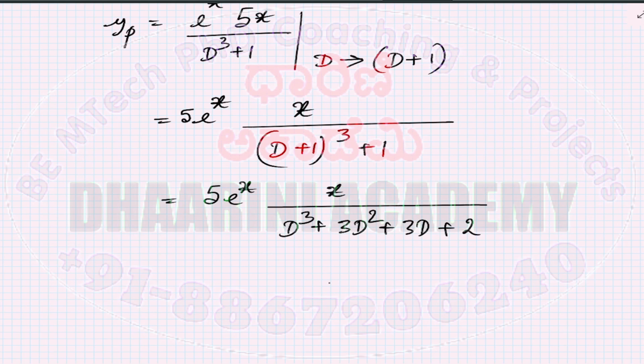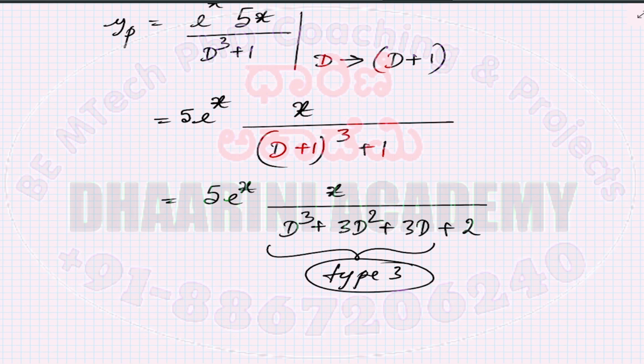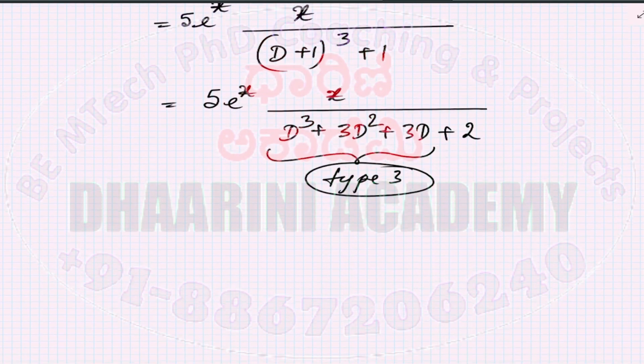All right, now this term becomes type 3. So in a type 3, we know that we have to do the synthetic division. So let's hold on to this yp as of now, then we'll replace that.